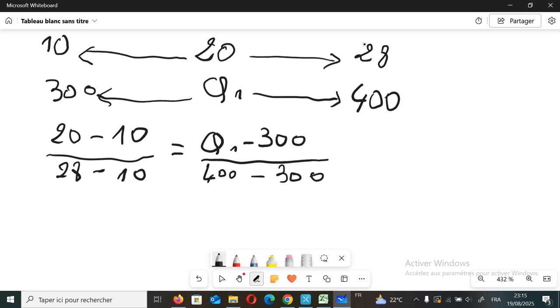If we want, I'm going to calculate that here. 20 minus 10 is 10. 28 minus 10 is 18.